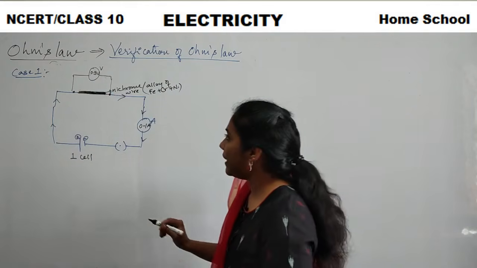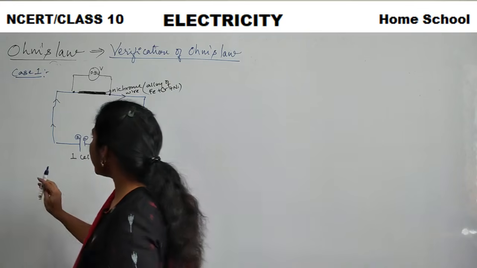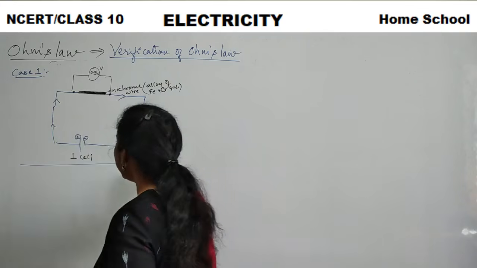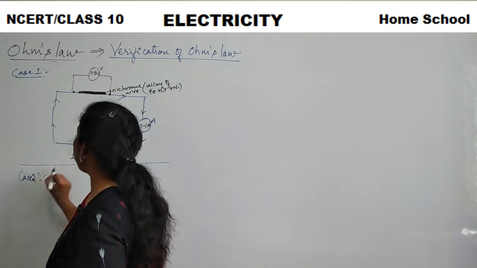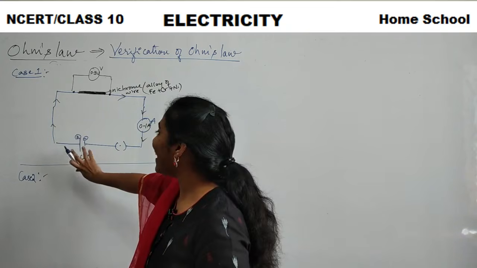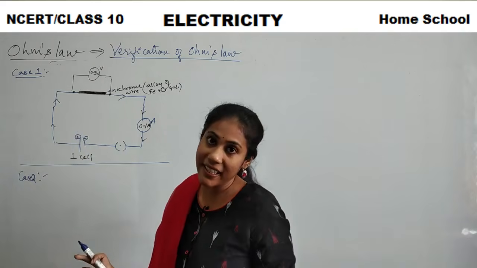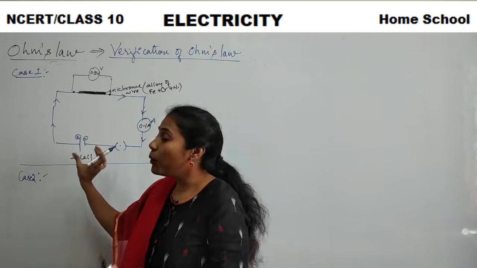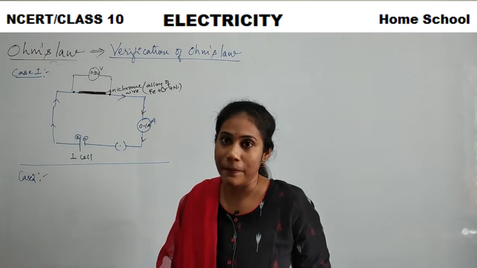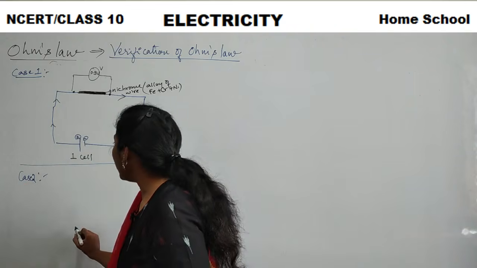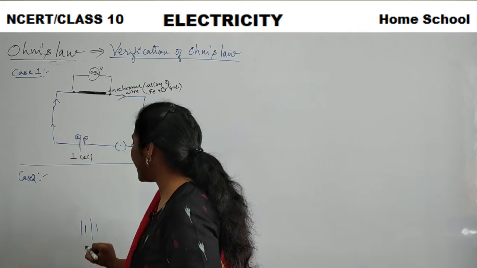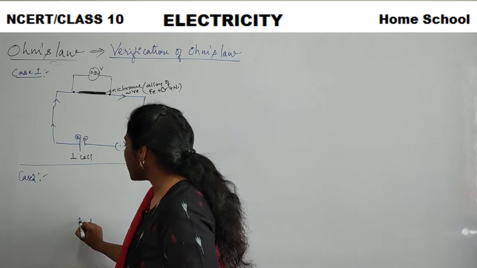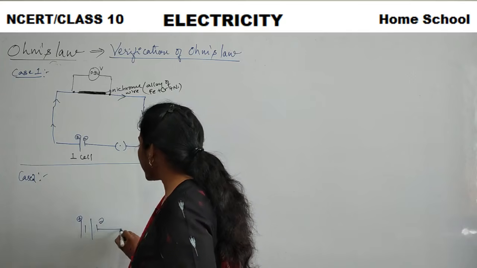Clear? Now let me take case 2. Same setup, but I will add one more cell here, right? That means more voltage I am supplying. So how would I draw? One more cell I am taking. This is one cell and this is another cell, positive, negative. Two cells I am taking.